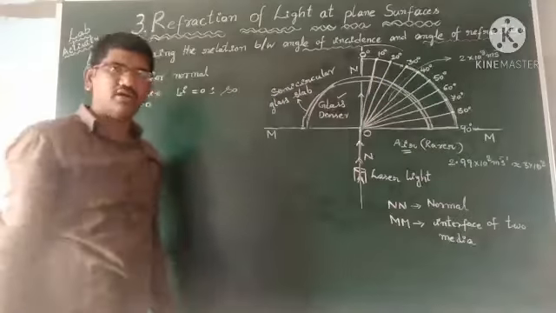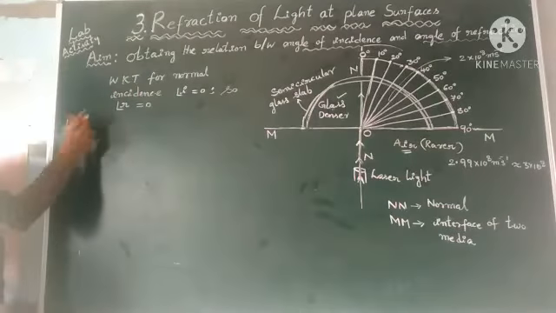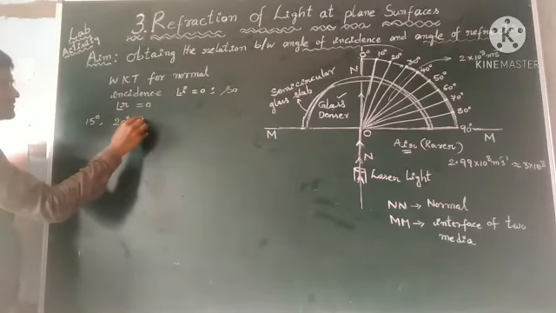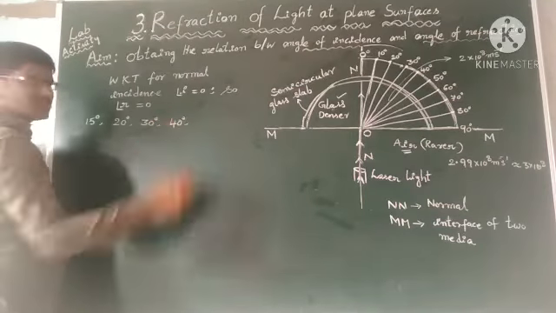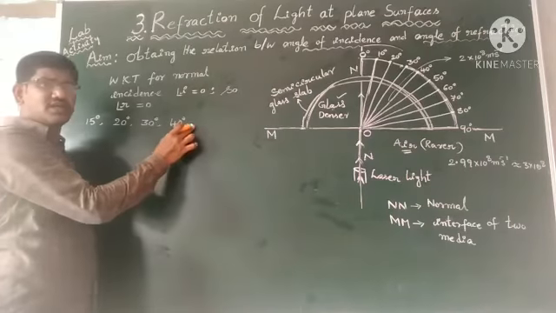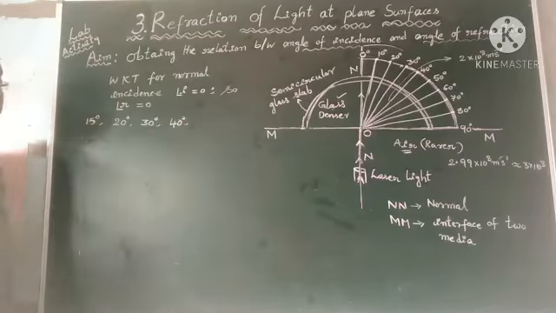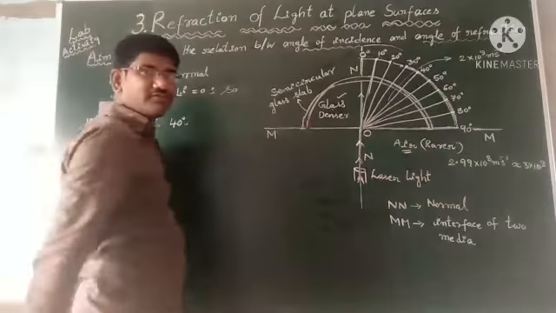Name it as the angle of refraction, and do the experiment. First I have taken the angle of incidence as 15 degrees, then 20, 30, 40 degrees. We should not take an angle of incidence more than the critical angle. Do this experiment with different angles, and every time obtain the angle of refraction.